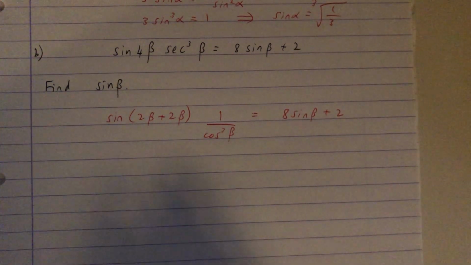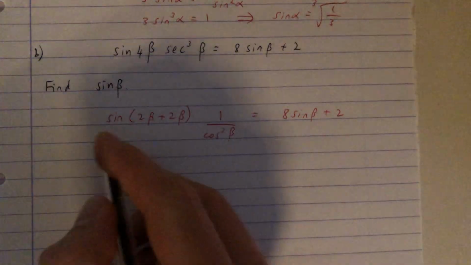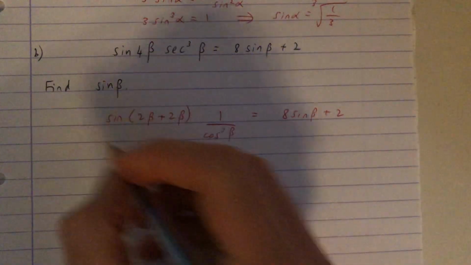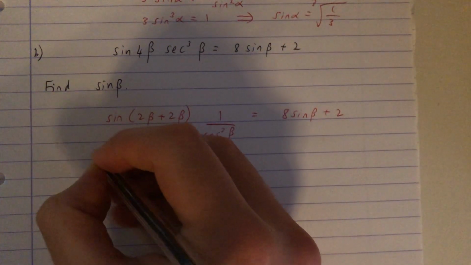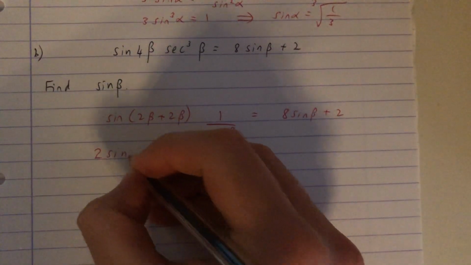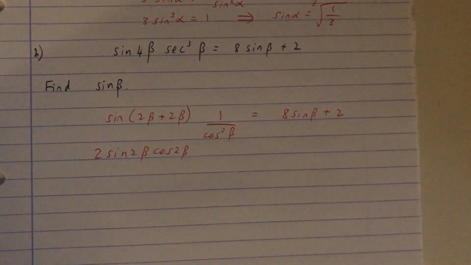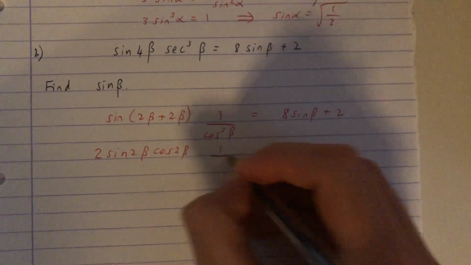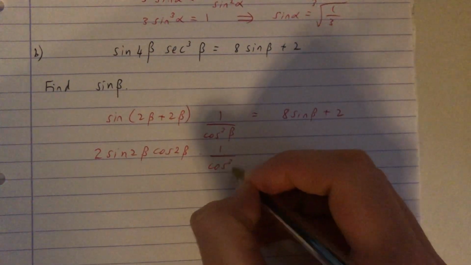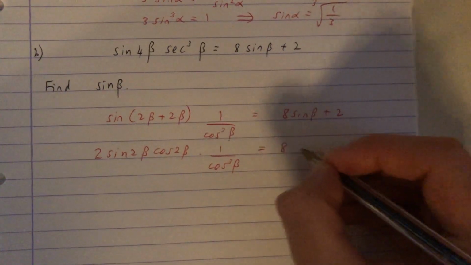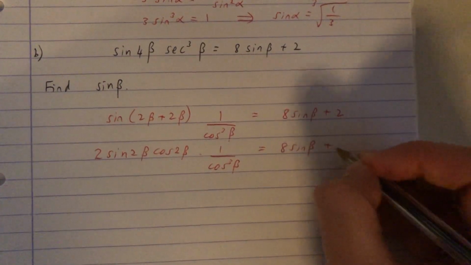Keep going. I'm not going to times by that denominator yet. I'm going to expand this first. So if I expanded this, I actually get 2 sine 2 beta cos 2 beta when it's simplified, times 1 over cos cubed beta is equal to 8 sine beta plus 2.